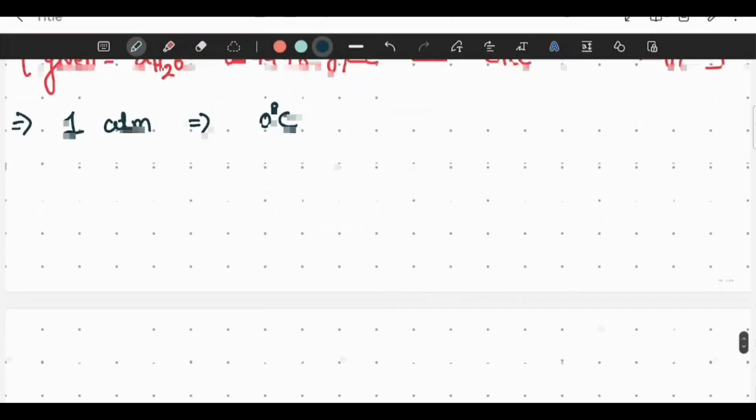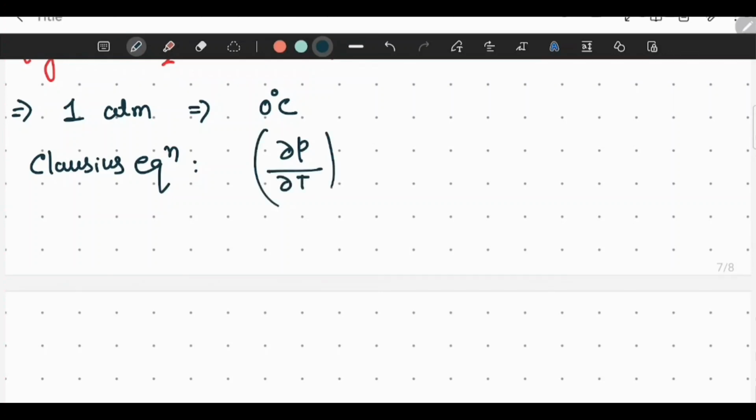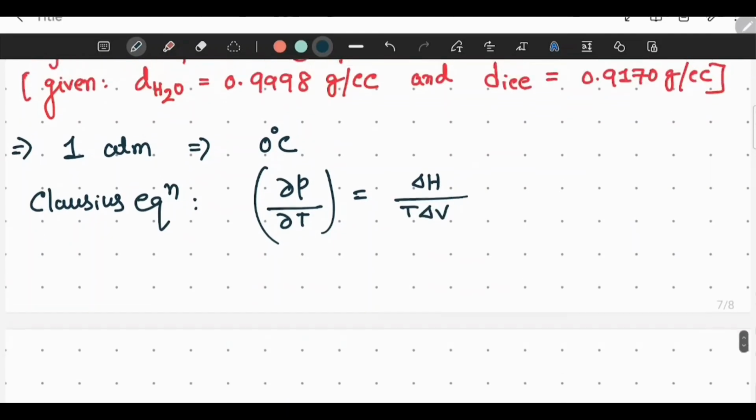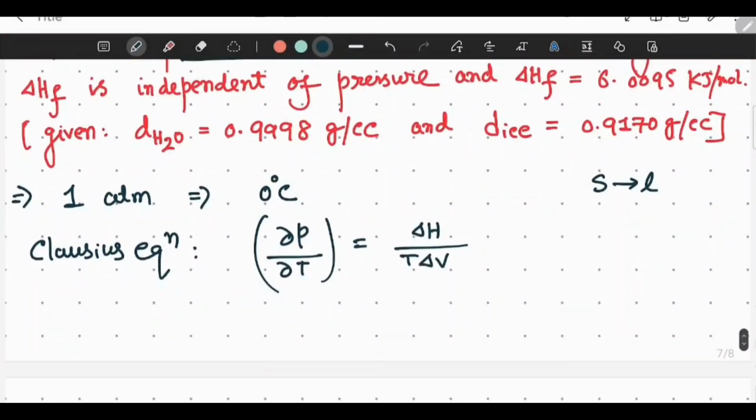So it's clear that we need to apply the Clapeyron equation. We can directly use the Clausius-Clapeyron or the Clapeyron equation. What is the equation? We know dP/dT equals del H by T del V. Now this change is for solid to liquid, ice and water.